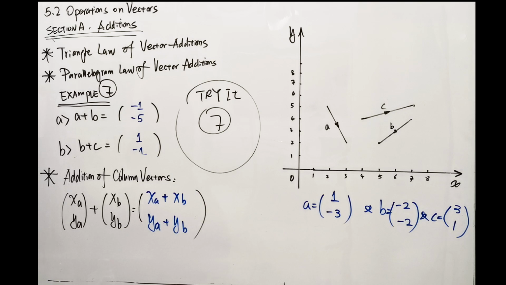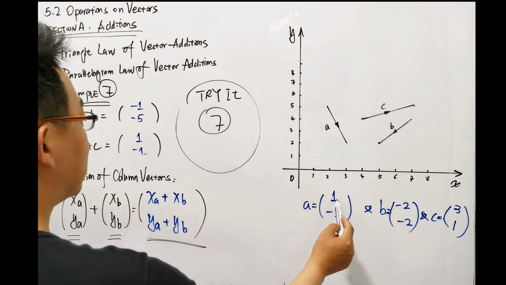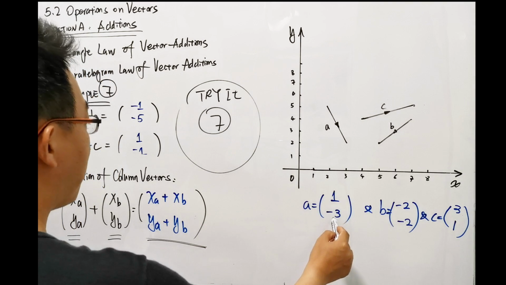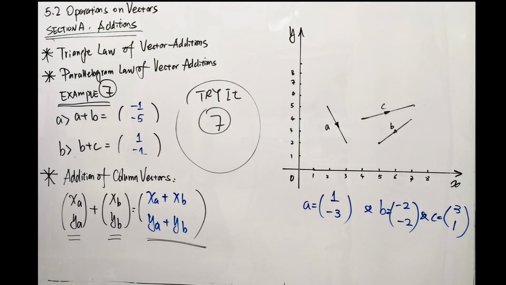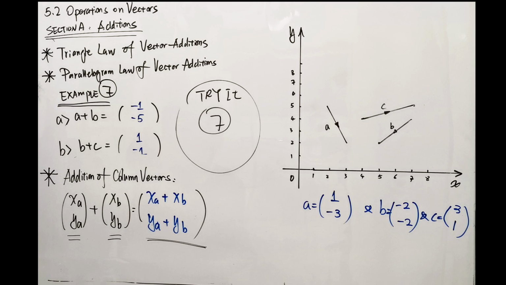On top of this, from example 7 we also came up with a very important concept: column vectors can be added by adding their x components and their y components. We get the same result as with the triangle law or parallelogram law.